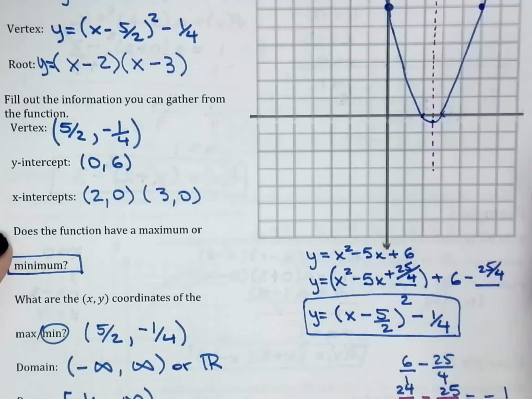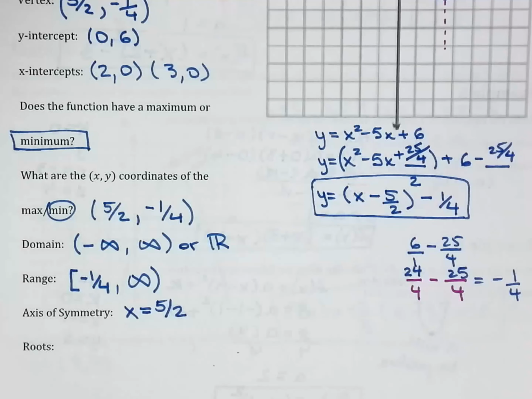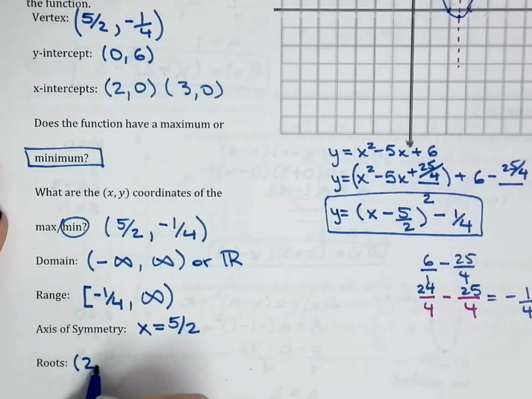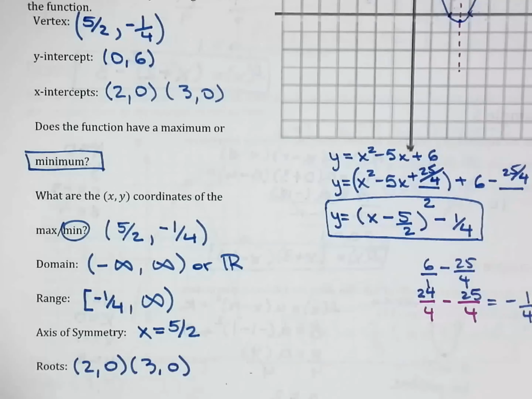So the axis of symmetry is x equals 5/2 or 2.5. And the roots, those are the x-intercepts. We have them there. So the roots are 2, 0 and 3, 0. The end.